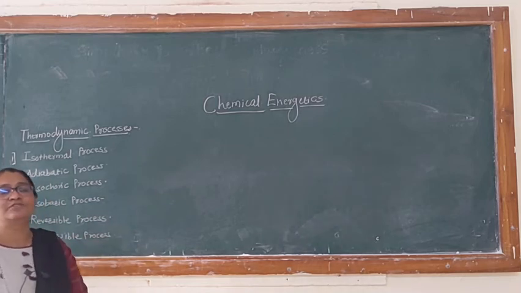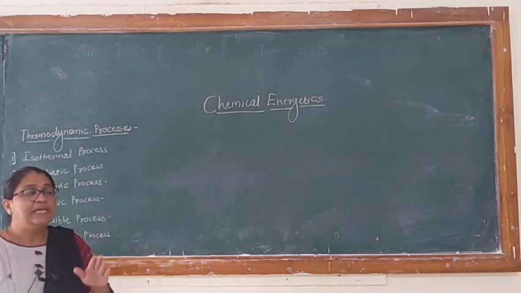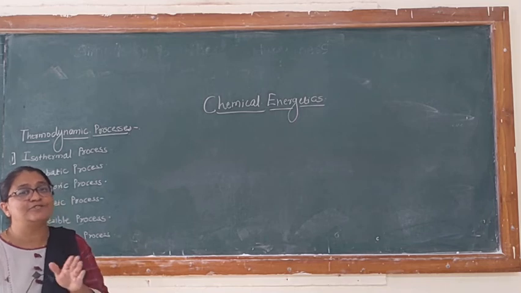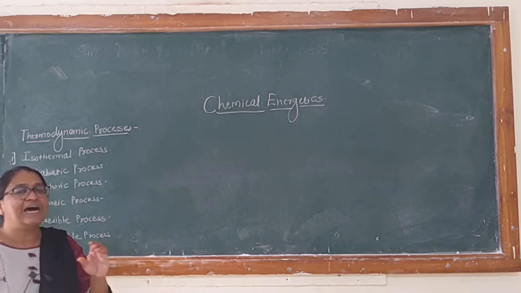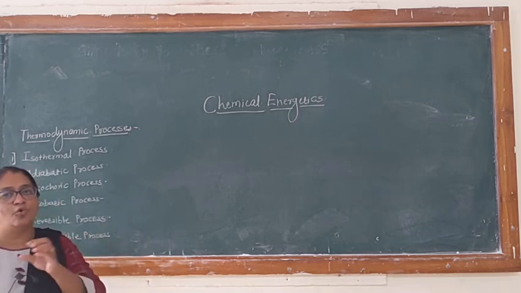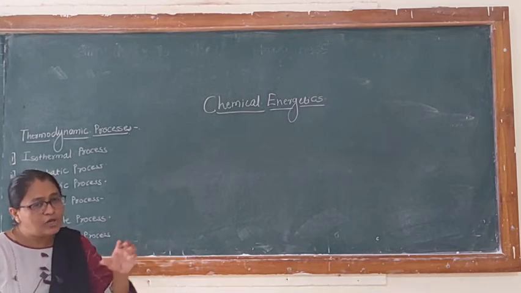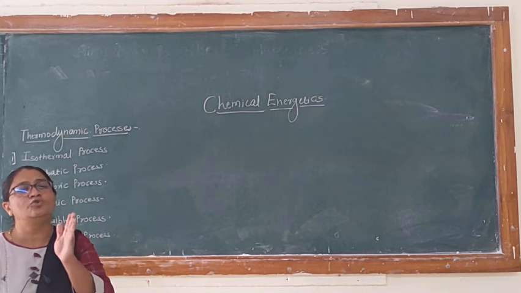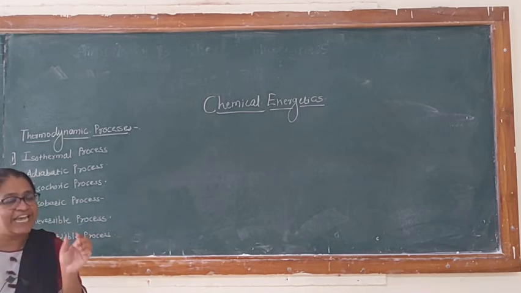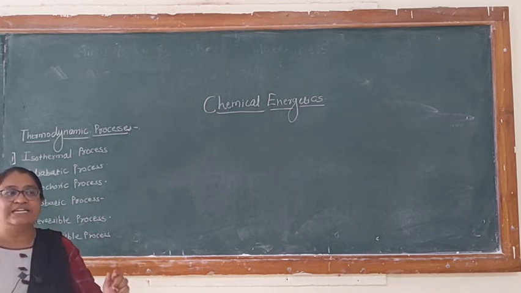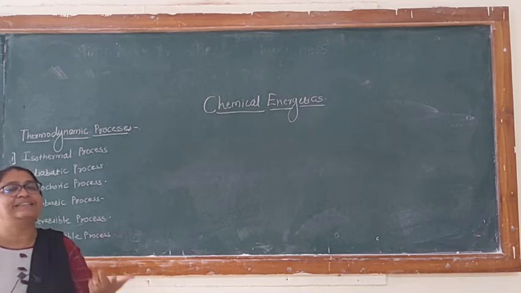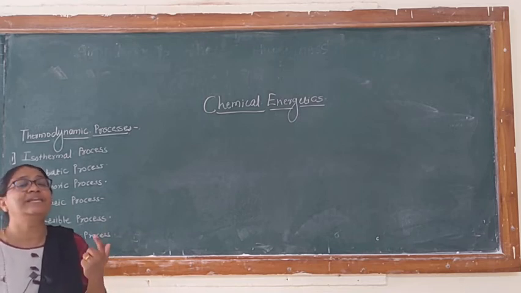These reversible processes take place infinitesimally slowly. That means they take place at a very slow rate, and due to this slow rate the whole process can be divided into small steps, and at every small step the driving force is infinitesimally greater than the opposing force.